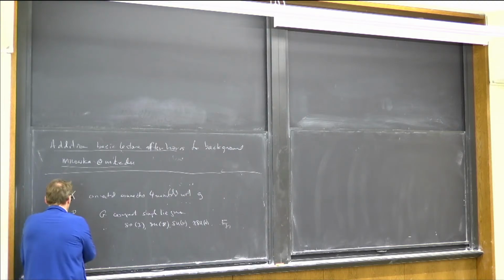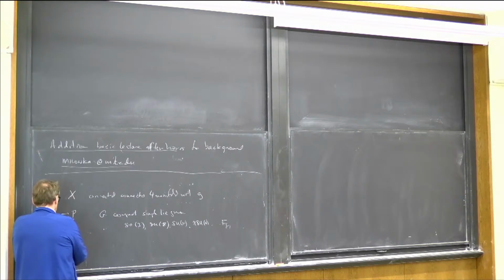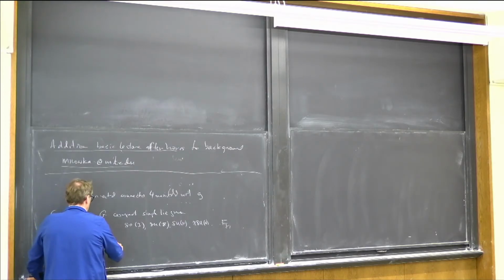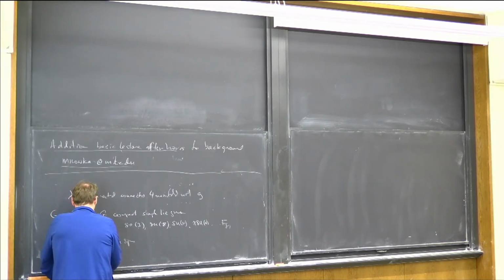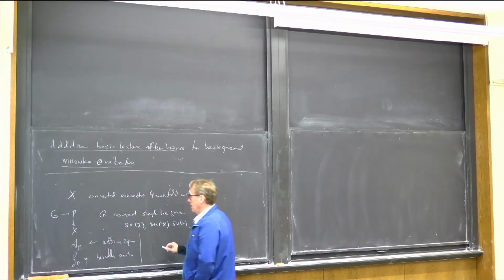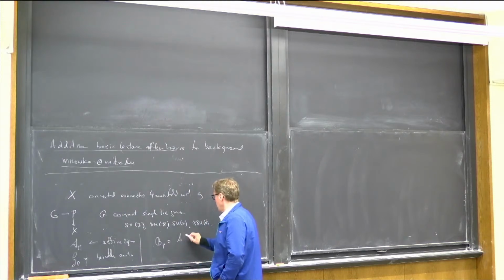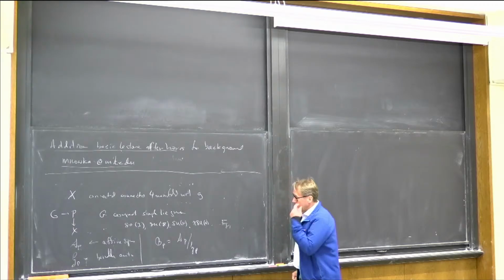And then, you know, there's the space of connections. That was an affine space. There's the group of gauge transformations, bundle automorphisms. And then what we want to look at is this quotient space and understand.